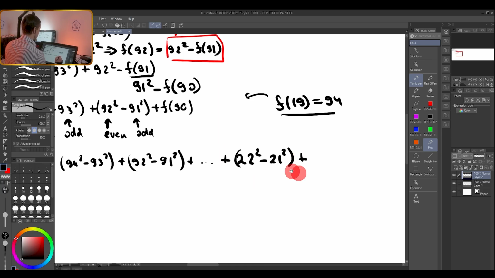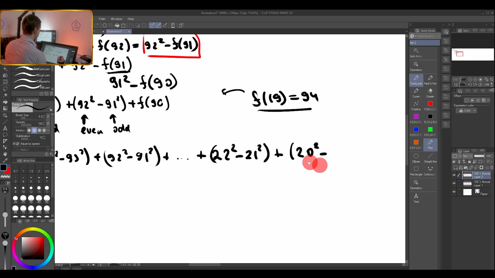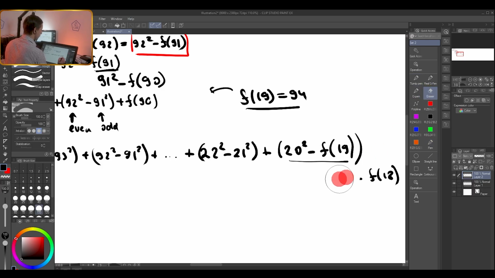Okay, then the next one will be 20 squared minus f of 19. And here, if you substitute f of 19 like 19 squared minus f of 18, you will continue further, but you don't need to do it. So you can stop here right away, and it will be the end of your story.